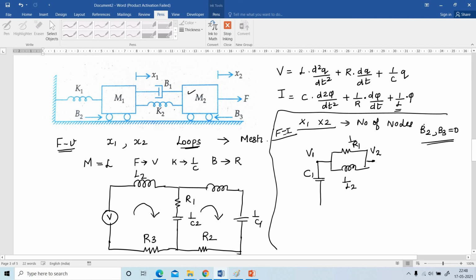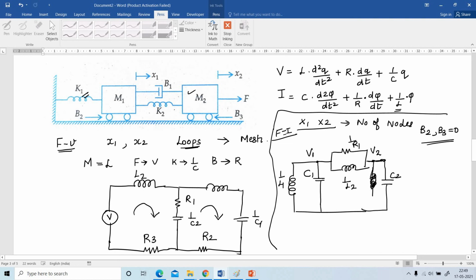There is no frictional element. And then which one is connected in parallel here? That is K1. K1 means 1 by L1. And next, in the nodal point V2, which one is connected? In the nodal point V2, C2 is connected.